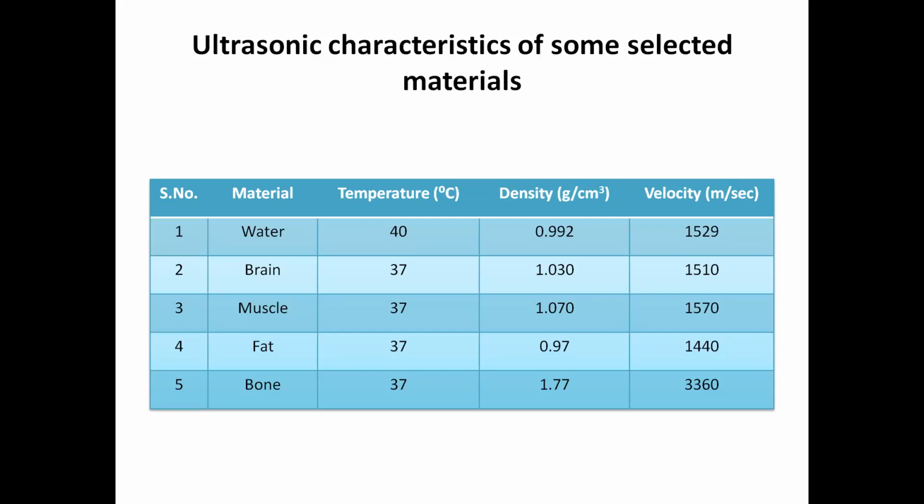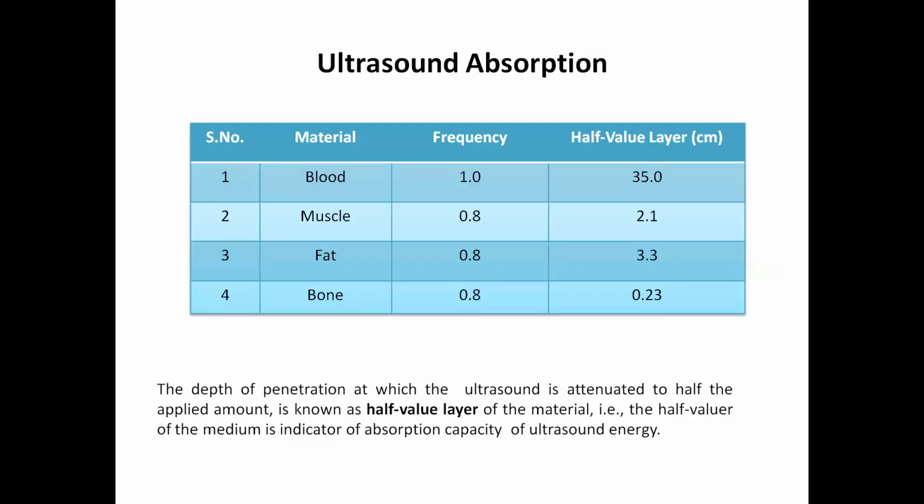So this is the table of ultrasonic characteristics for some materials. Water has 0 degree, density 0.992, velocity 1529. Similarly for other materials: brain, muscle, fat, bone. So these are the various density and velocity values for different materials.